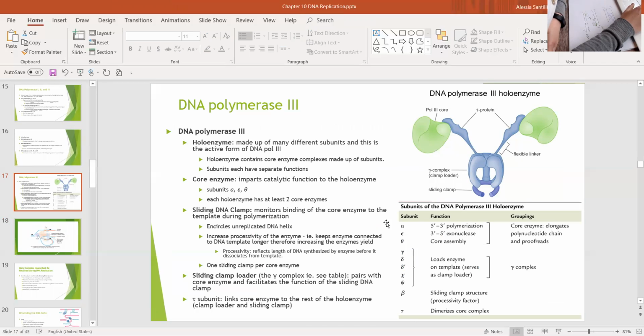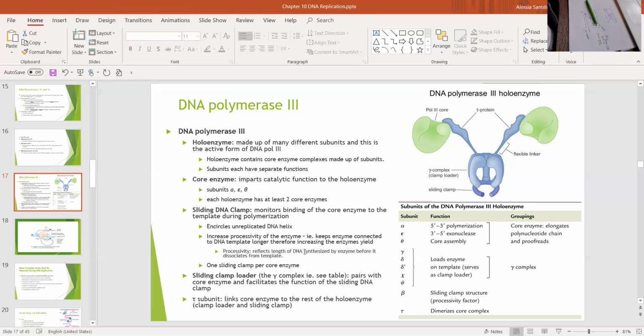Okay, so processivity reflects the length of DNA synthesized by the enzyme before it dissociates from a template. The higher processivity a particular DNA polymerase has, the more it basically stays attached to its DNA. Okay, and usually there's going to be one sliding clamp per core enzyme.